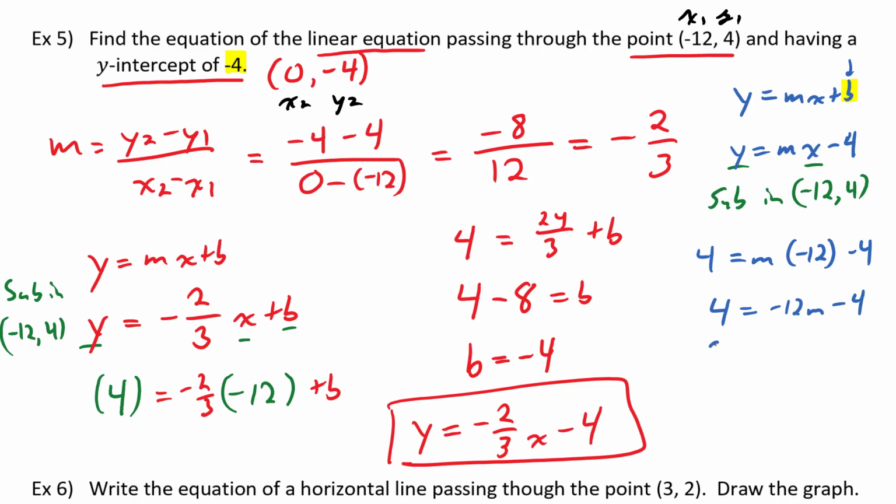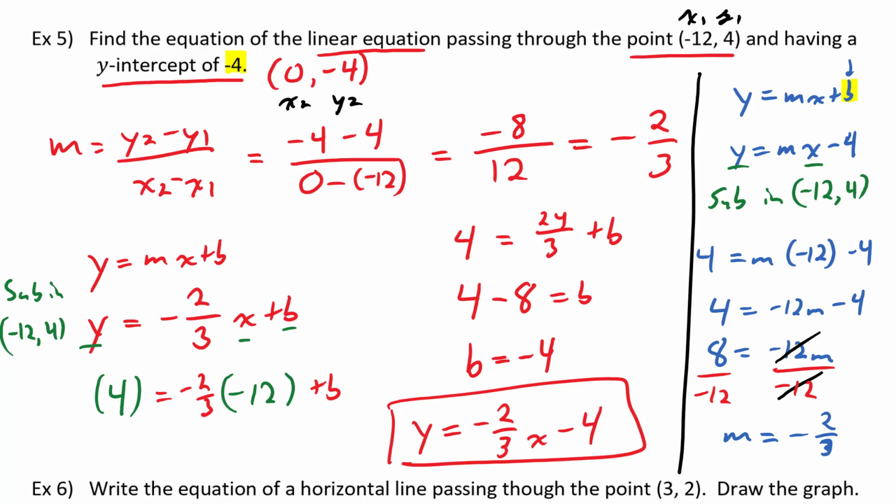Swing the 4 to the other side, becomes 8 equals -12m, and then divide both sides by -12 to isolate the m on its own. These cancel out, and I'm left with my slope being equal to -8/12, which is the same as saying -2/3.